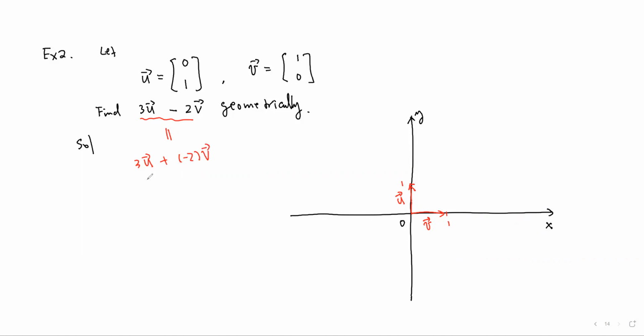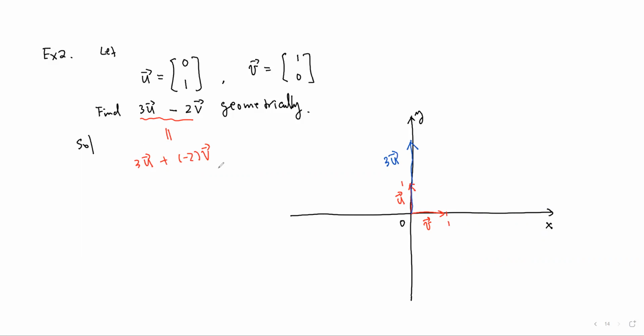Now let me plot 3 times u. The length is triple the length of u. 3 times u is about here, 1, 2, 3. Yeah, here. This is 3 times u.